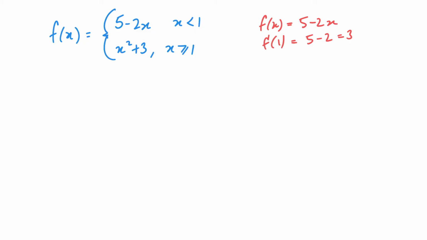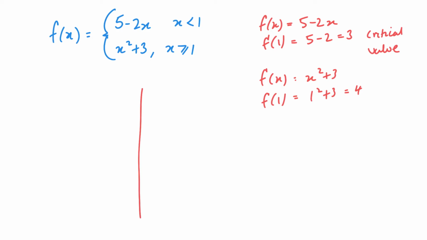The graph doesn't actually touch that point because x is not equal to 1 there, but it is important. Let's look at the other part of the graph, x squared plus 3. So f of 1 here is 1 squared plus 3, and that's 4. Again, it's another critical value.